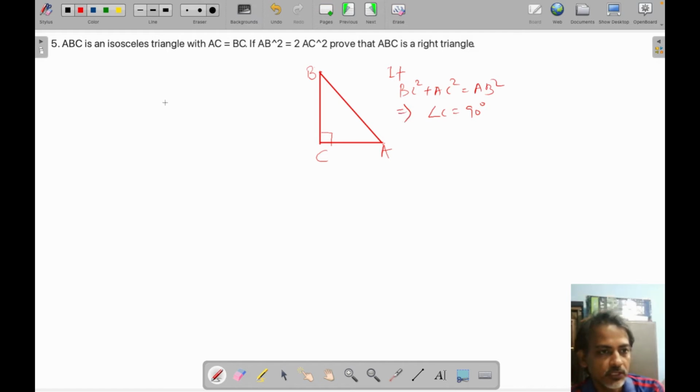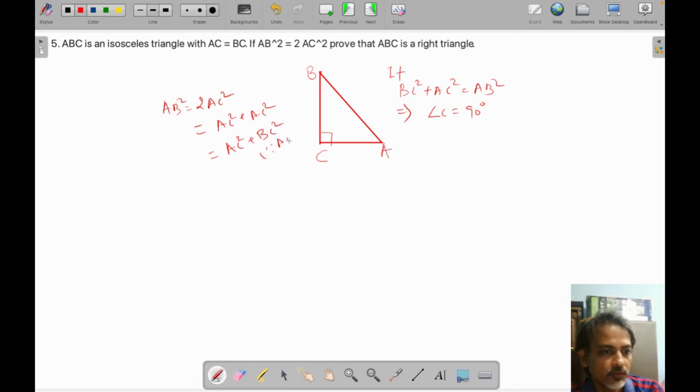So in this case what has happened here is that we have got AB square equals 2AC square, right? And we can write 2AC square as AC square plus AC square, and since AC is equal to BC, we can write AC square plus BC square.